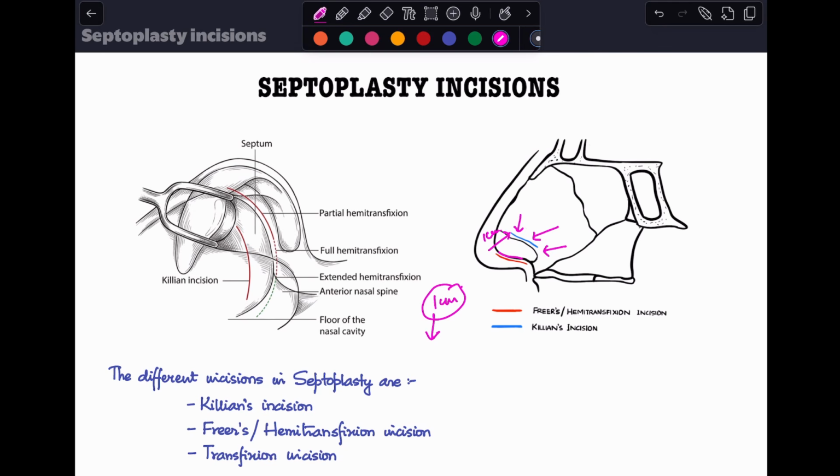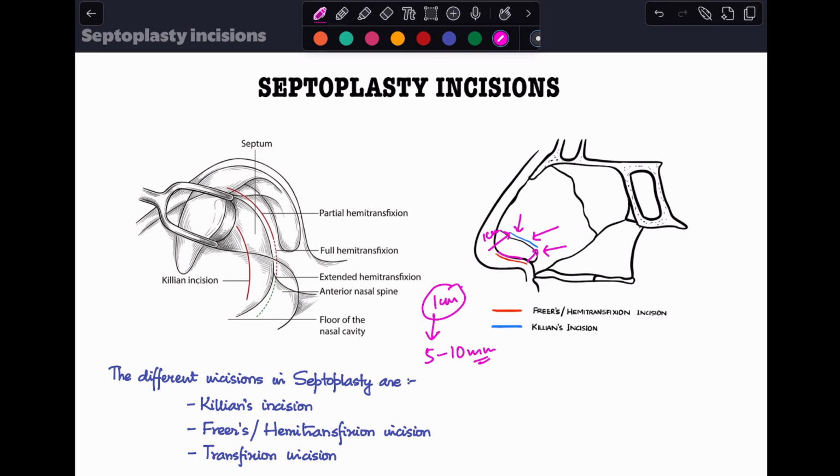There's a range of about 5 to 10 millimeter, but I would prefer to go with 1 centimeter, in reference from the book Scott Brown as well as VP Sood. So 1 centimeter is the number I would like to remember. Killian's incision is an incision which is placed 1 centimeter behind the caudal border of the septal cartilage. So that is what our first incision is.